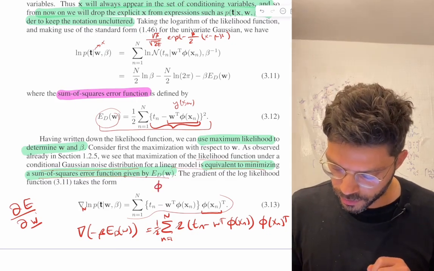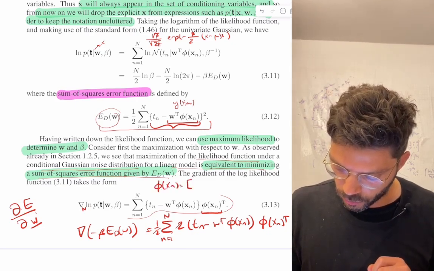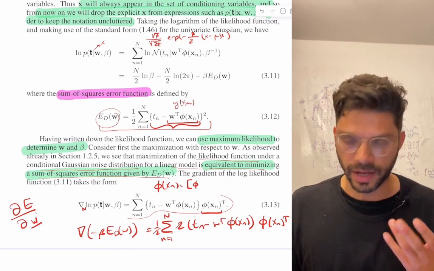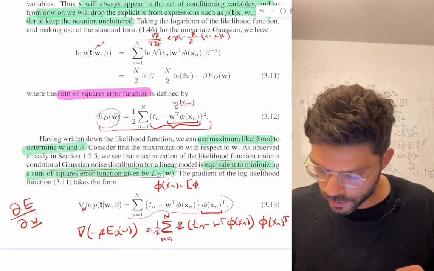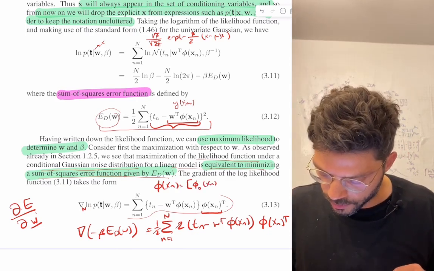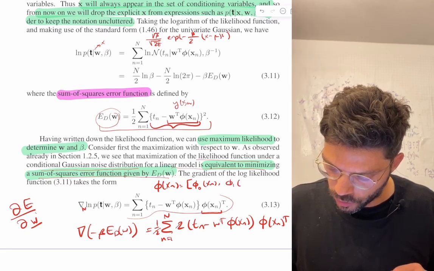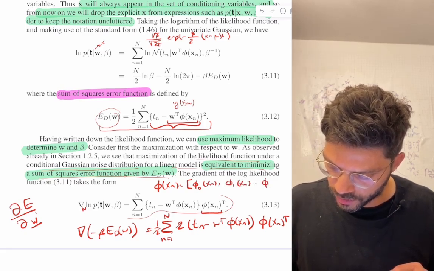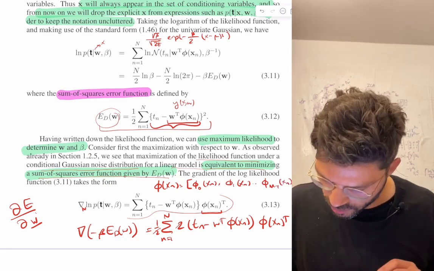Remember, phi(x_n) is made of scalar functions, single values: the first feature on x_n, the second feature on x_n, all the way to, I think, M minus 1. So this is a vector, it should be transposed.